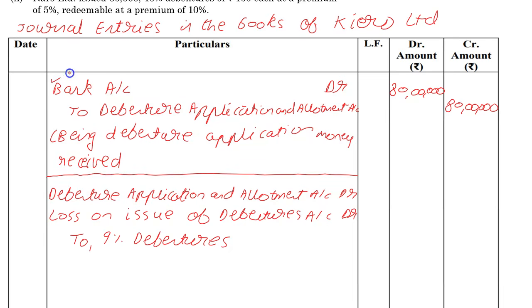What came in is money, what is finally going out is debentures. But because we are going to repay more at the time of redemption, we are incurring a loss which we are showing in the year of issue.